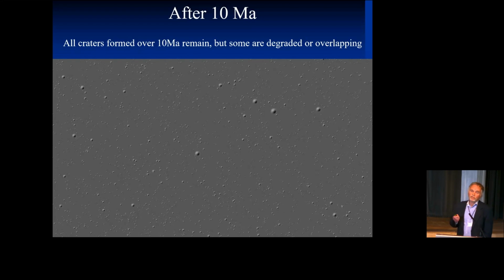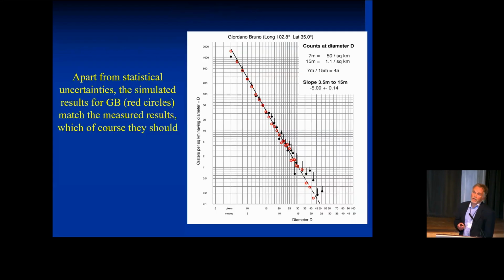And all the ones formed during that 10 million year period still remain. So if we plot those against the plot that we obtained from GB, there's a good fit, of course, because it would be a worry if they didn't fit. But this demonstrates that the process seems to work.